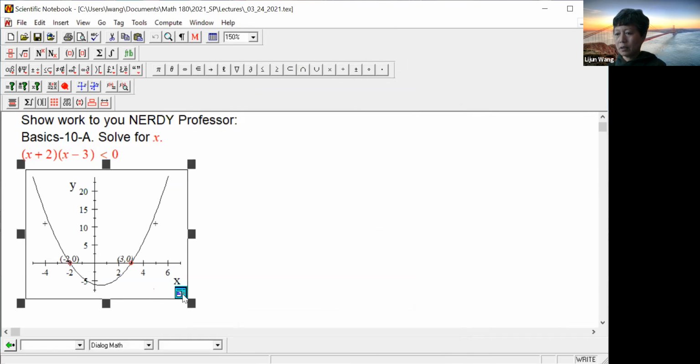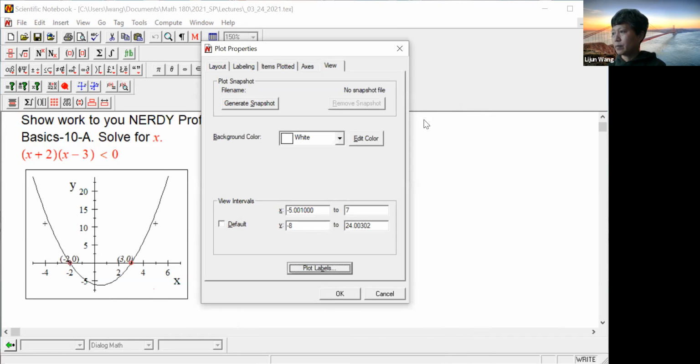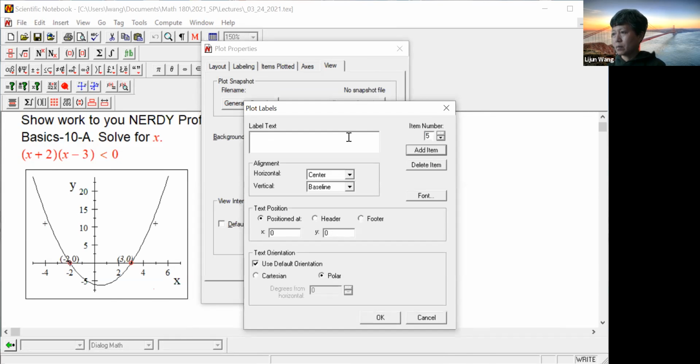And some negative sign. See where I put it. It's at 1, 0.1, -4.